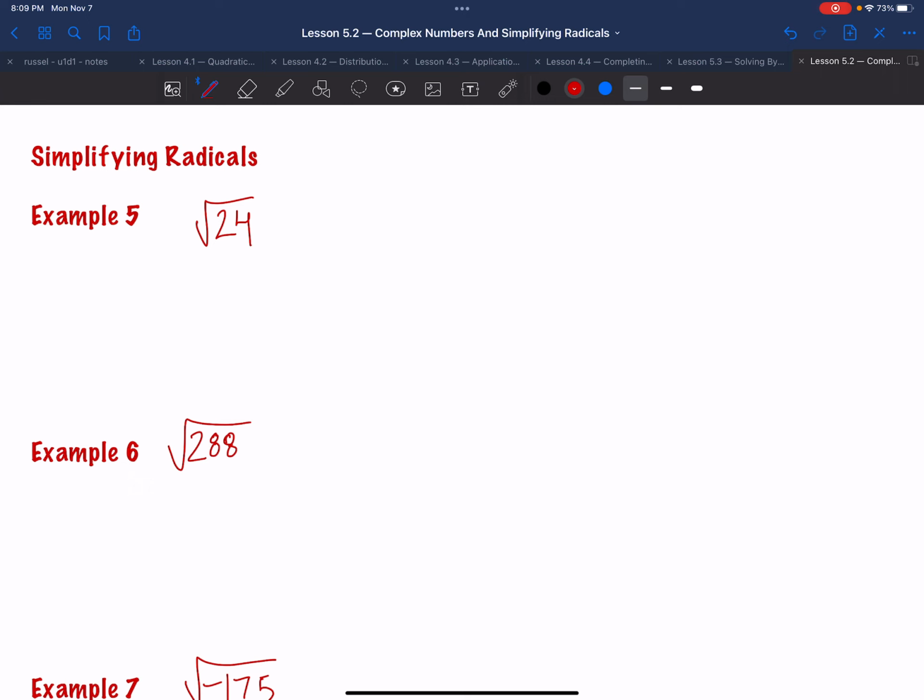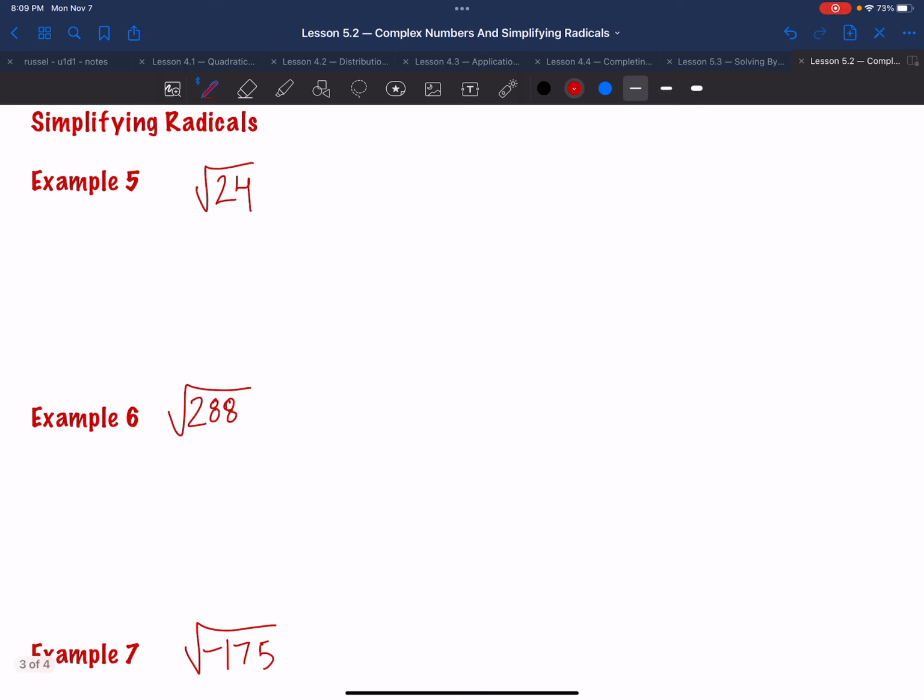Okay, so simplifying radicals. Now this is more or less review. It probably deserves its own video, but I'm just going to keep going and power through. The idea of simplifying radicals is you're looking for a particular root that you can take.